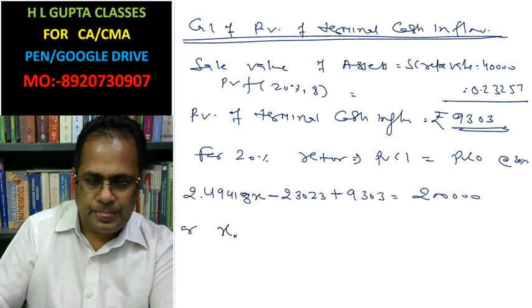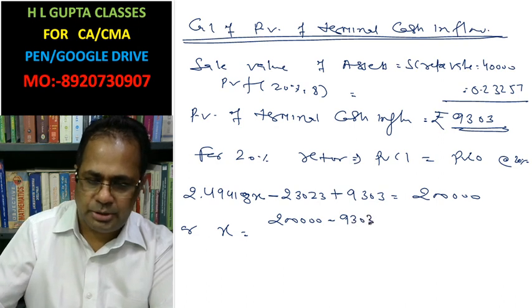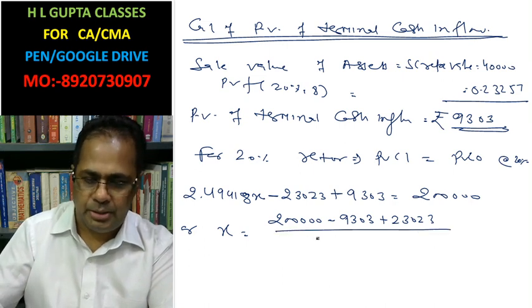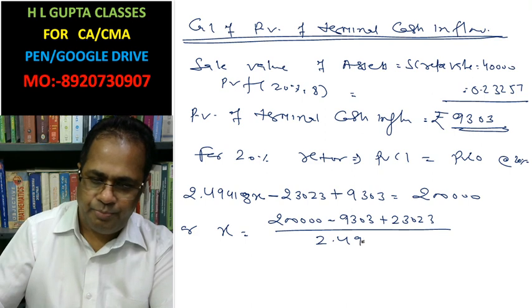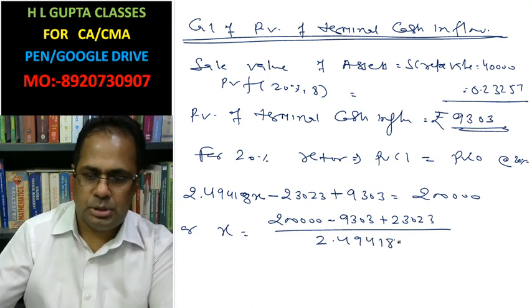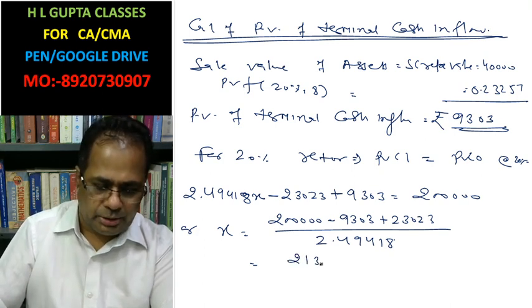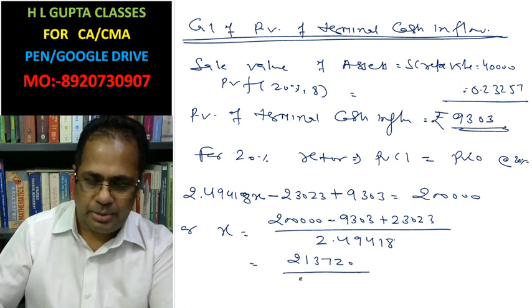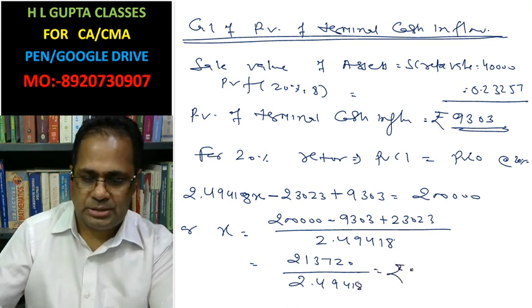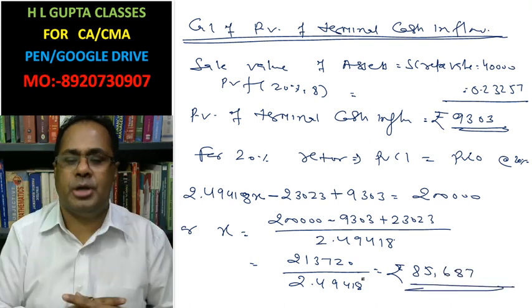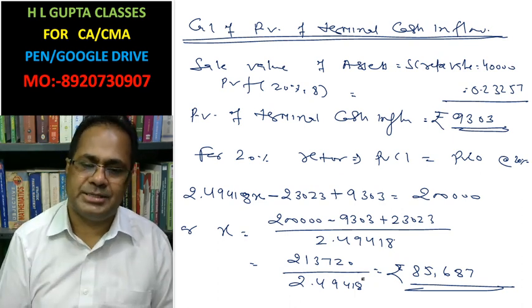Or x equal to 2 lakh minus 9303 plus 23023 whole divided by 2.49418, that is 213,720 divided by 2.49418, that is rupees 85,687.